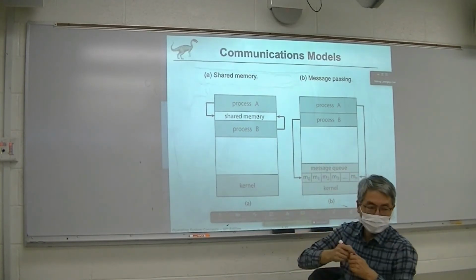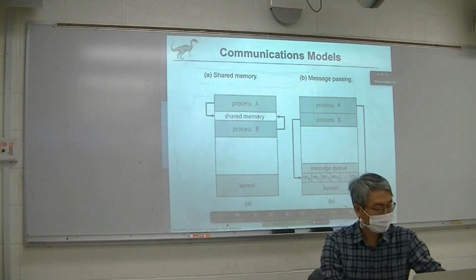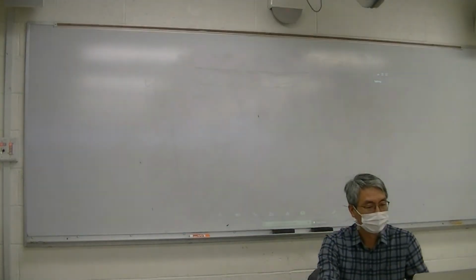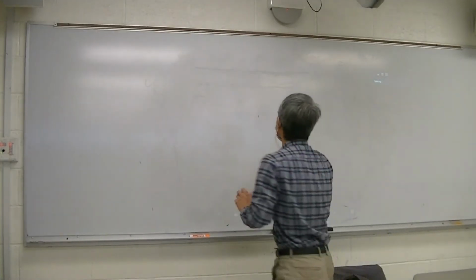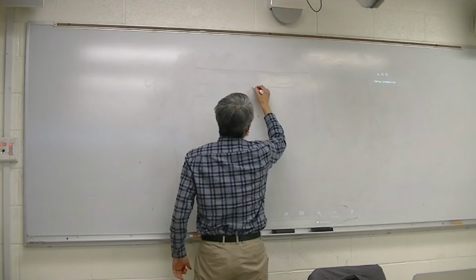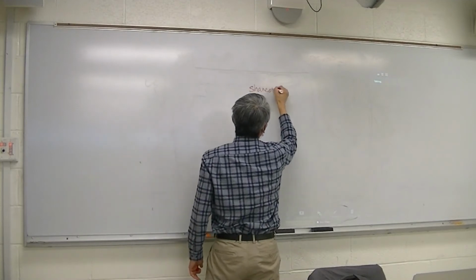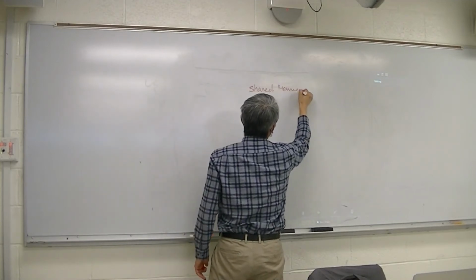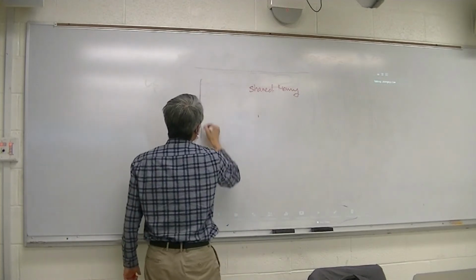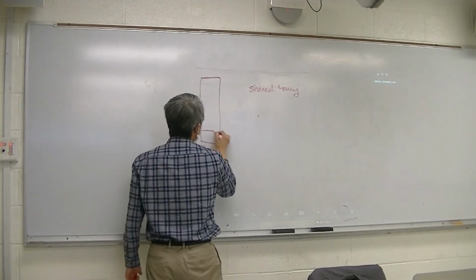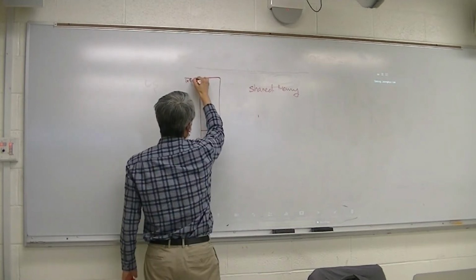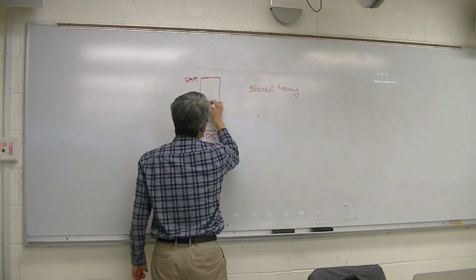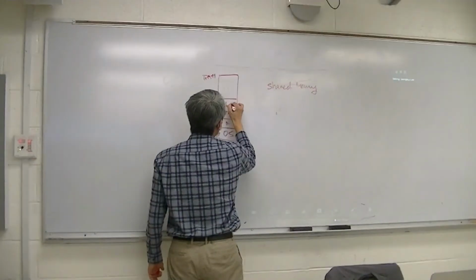One is the shared memory. Shared memory is basically: there is an operating system, this is a memory, lower address, higher address, and there are a number of processes: P1, P2, P3, like this.